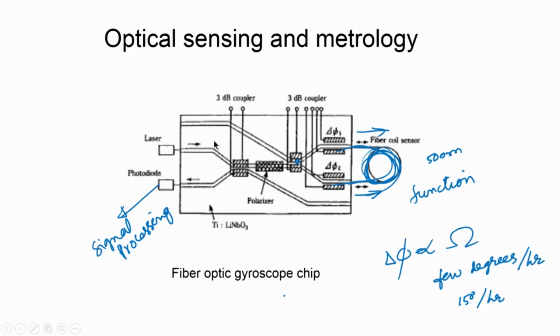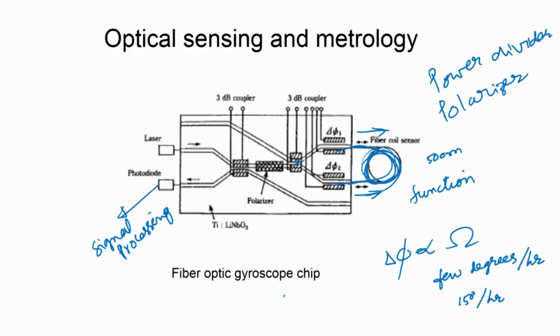So, we have various elements necessary for this operation. For example, you have to divide the input laser beam into 2 output ports. At this point you need power dividers, and there is a polarizer here.